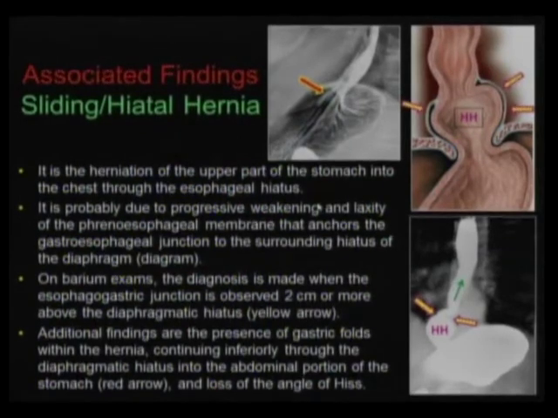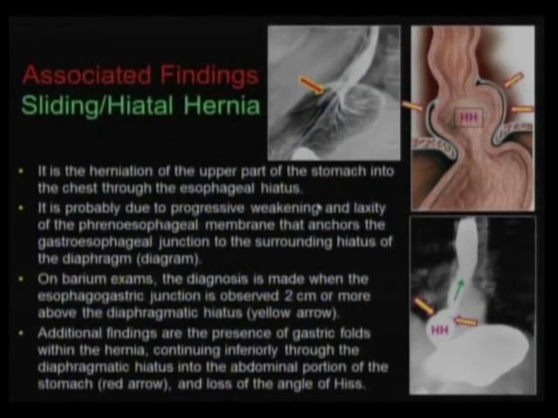Hiatal hernia is probably the most important. Hiatal hernia is the herniation of the upper part of the stomach into the chest through the esophageal hiatus. Probably it is due to progressive weakening and laxity of the phrenoesophageal membrane that fixes this area to the hiatus of the diaphragm.